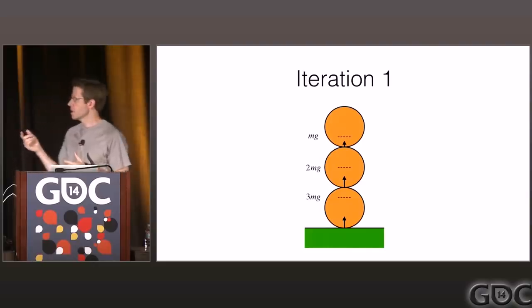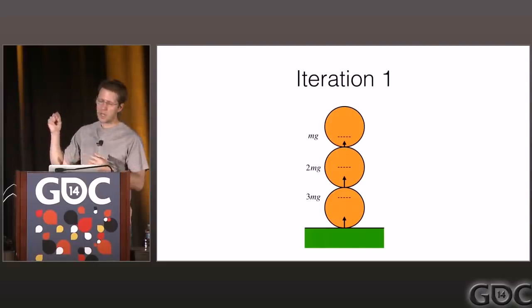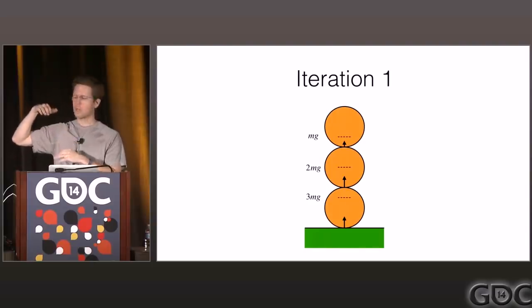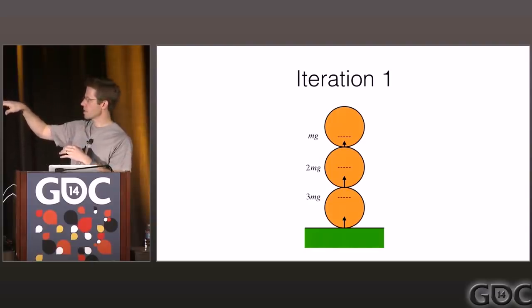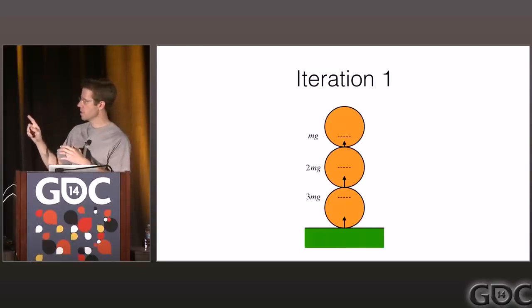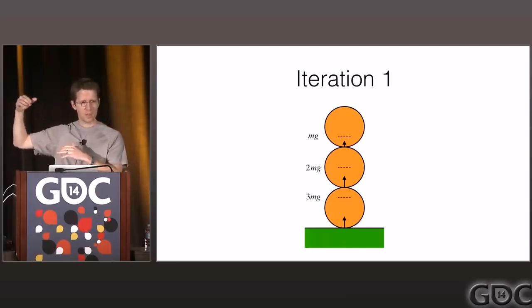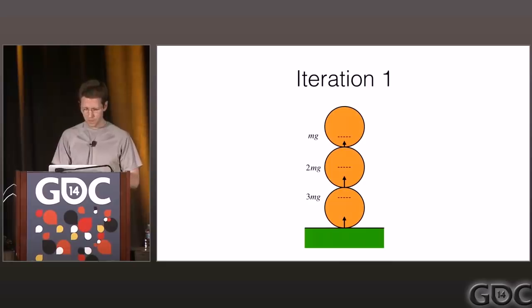And actually, if you think about it, each contact point needs to support the weight of all the circles above it. That's represented by these dashed lines. After one iteration, you can see the impulses start growing, those arrows pointing up, and they're reaching towards that exact solution.